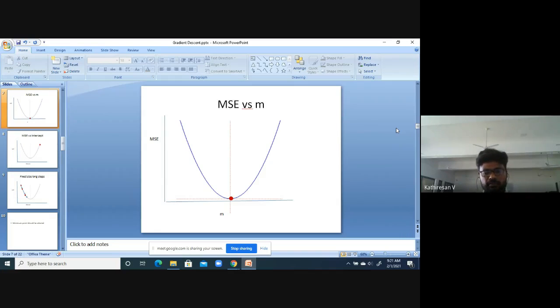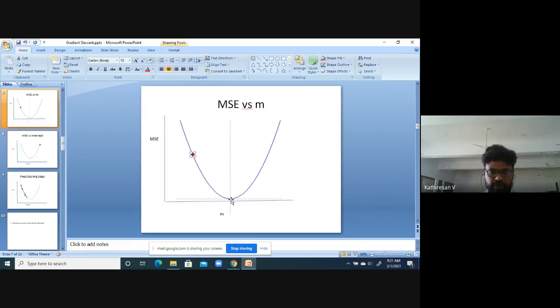Here I am representing MSE and slope only, in two dimensions. Here also we are having a parabolic curve.